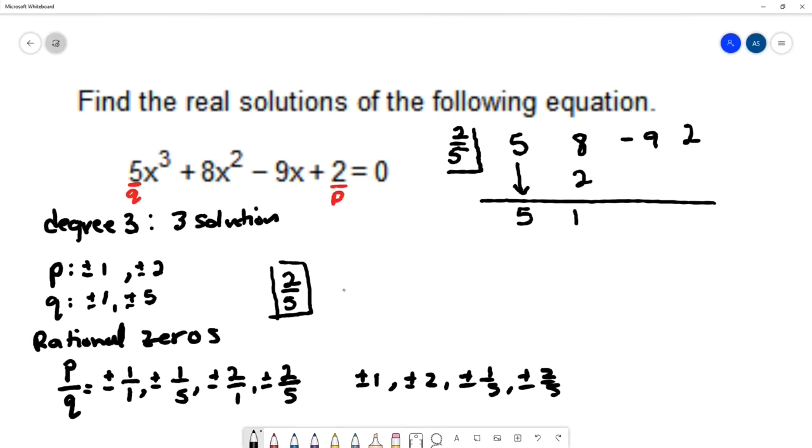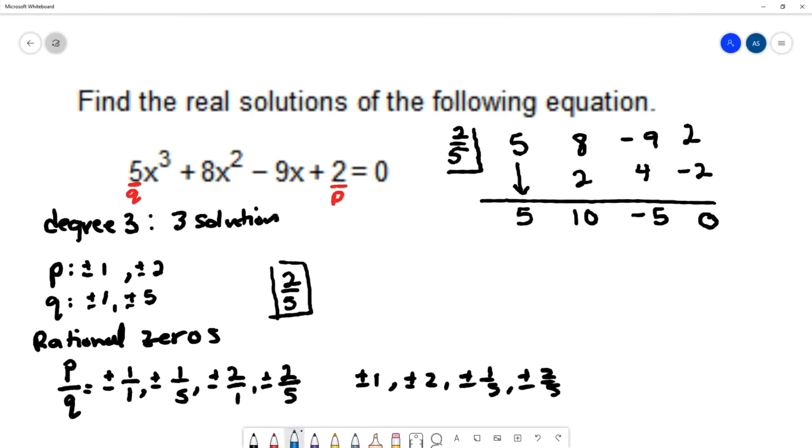We're going to add these together to get 10, and we'll multiply 2/5 times 10 will give me 4. We'll add these together to get -5, multiply to get 2/5 times -5, we get -2, and then we get our remainder of 0.